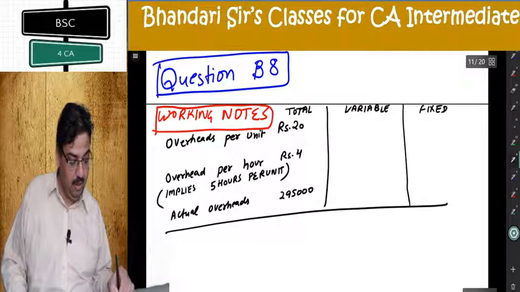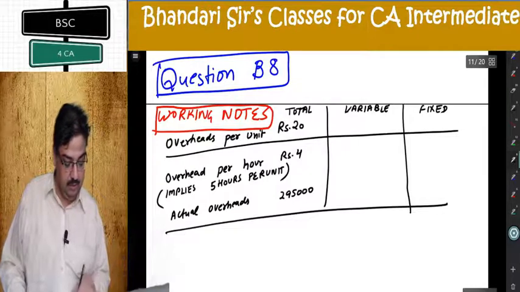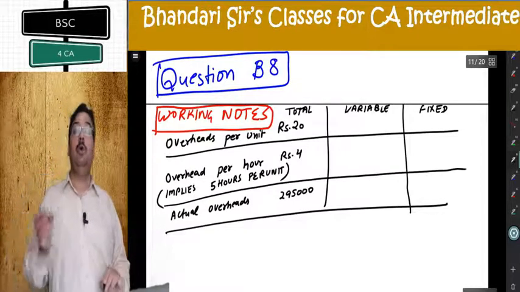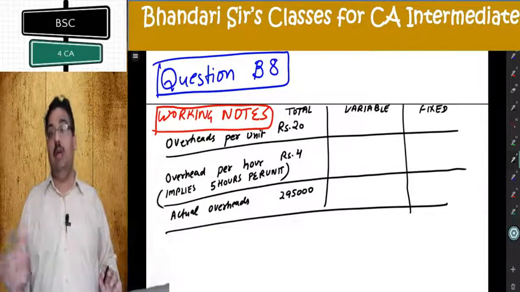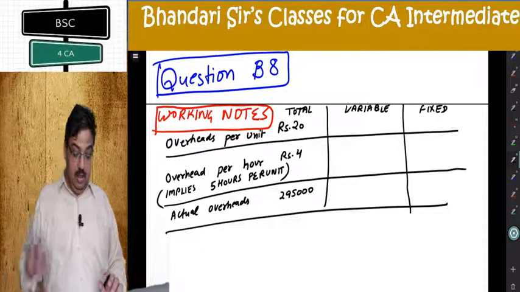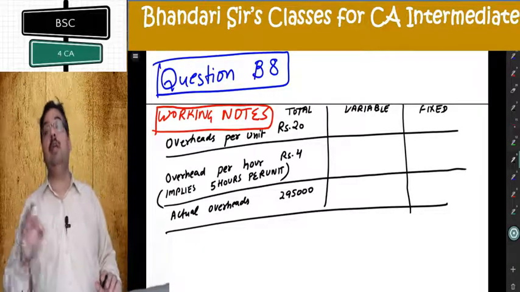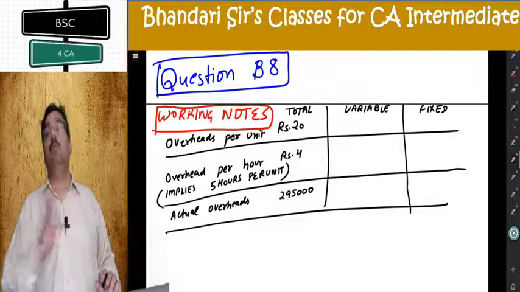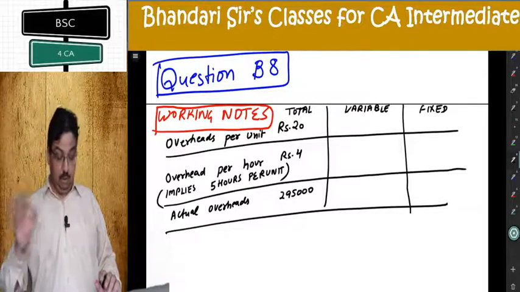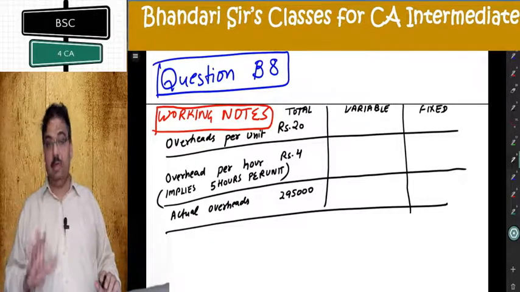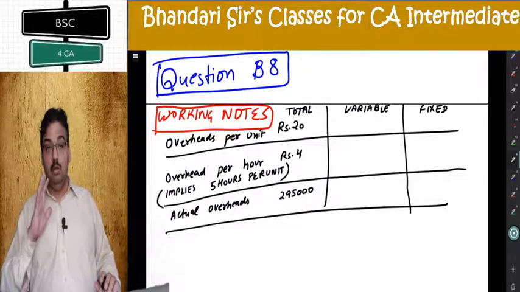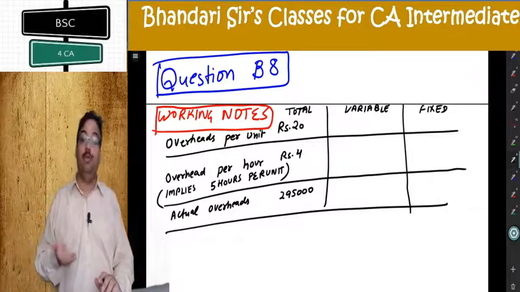If I get variable per unit and fixed per unit, I'll be able to apply in VO3 and FO5 respectively. If I get per hour detail, I'll be able to get VO2 and FO4. If I get actual overhead variable and fixed, I'll be able to get VO1 and FO1. So many steps at stake if you can segregate.